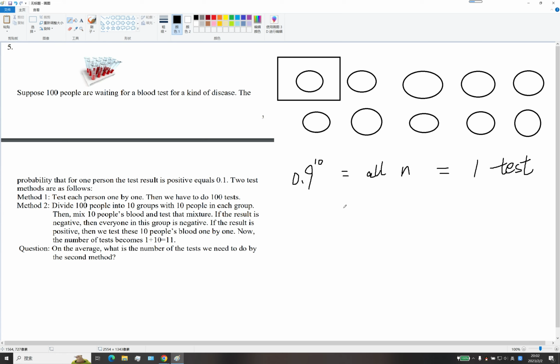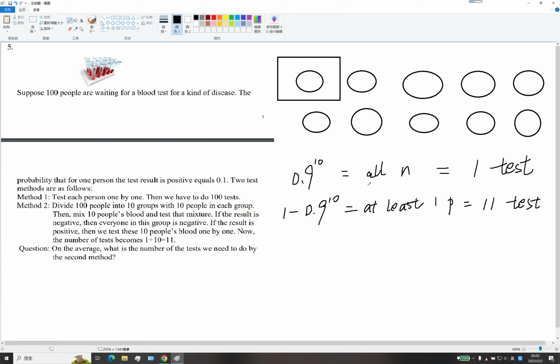If at least one of them is positive, we have to do extra 10 tests, which means the probability is 1 minus this, the probability of all negative. So for only one group, we have only two situations.